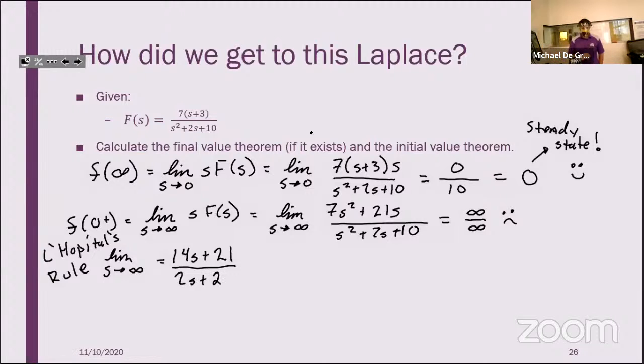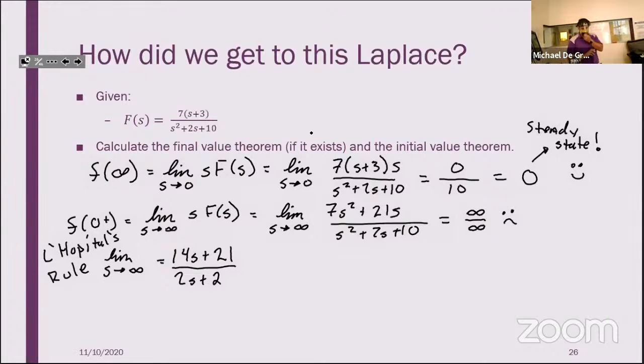L'Hopital's rule says that the limit is equivalent to the limit of the derivative of the numerator divided by the derivative of the denominator. So what is this saying? The change of these functions with respect to time is going to have the same limit as the original function.